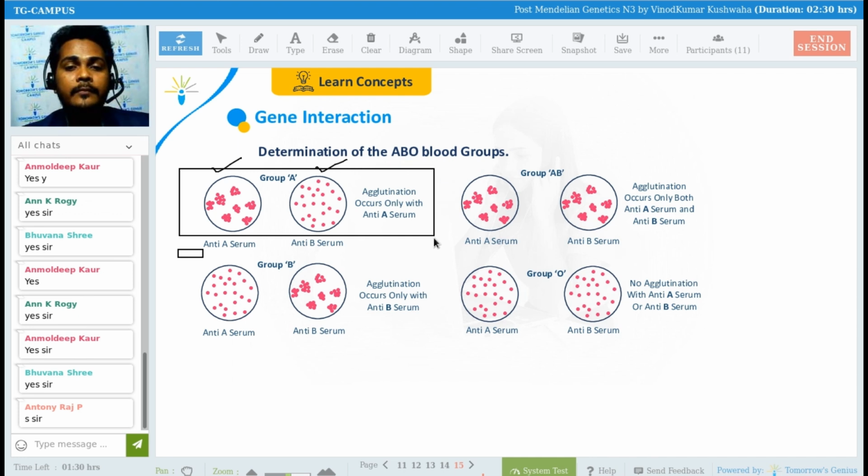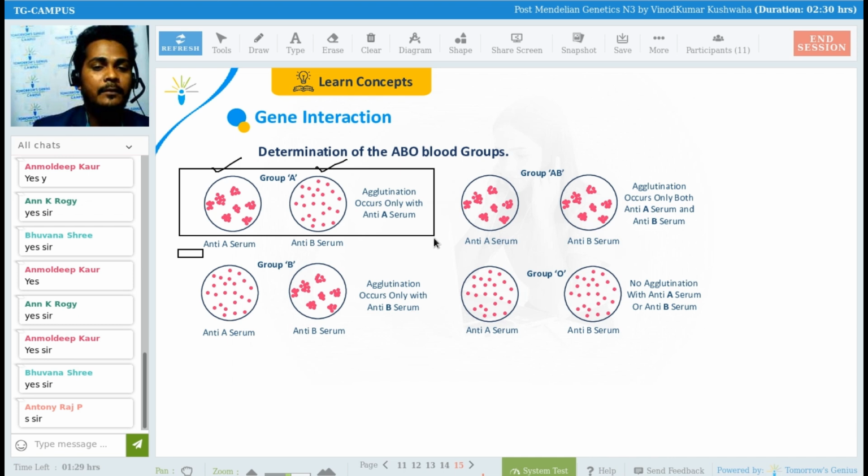Now what is next? You can see one drop of blood containing RBC is mixed with the serum. First you keep one drop of anti-serum A and one drop of anti-serum B on the slide, and then you put one drop of your blood in each anti-serum and mix it thoroughly.